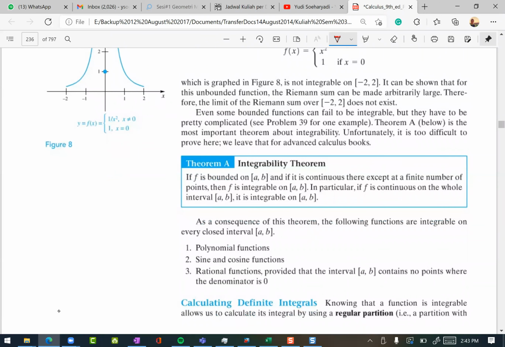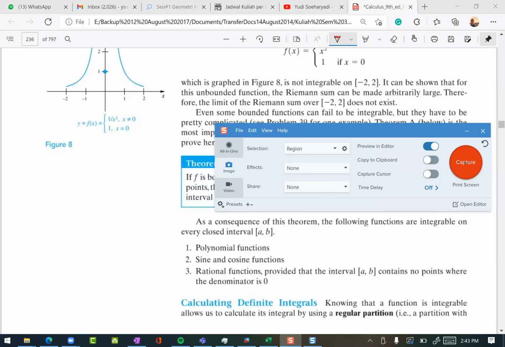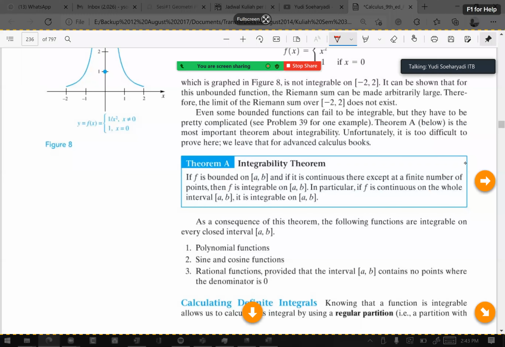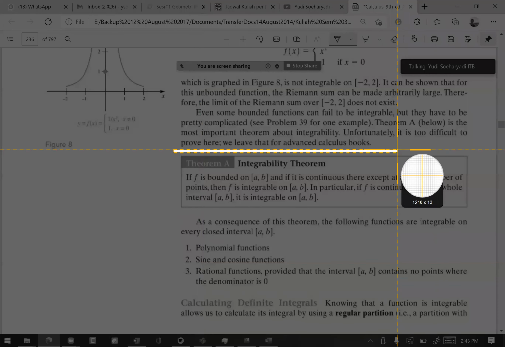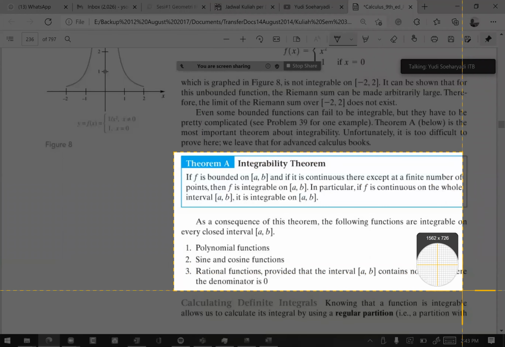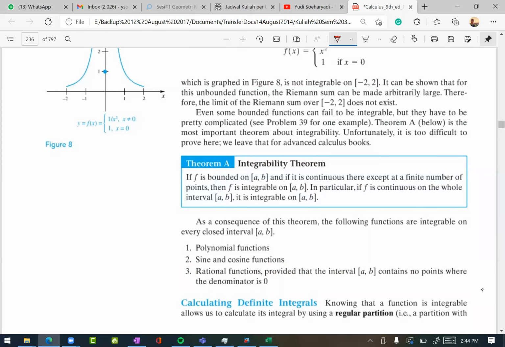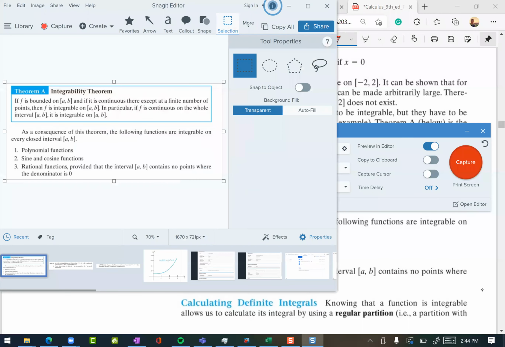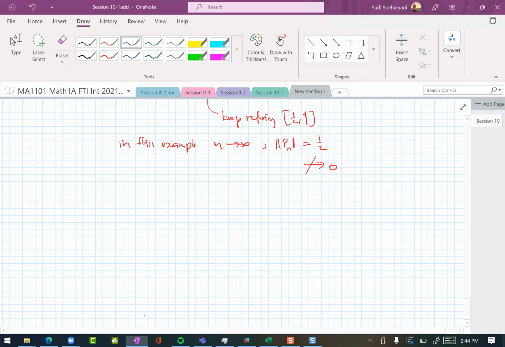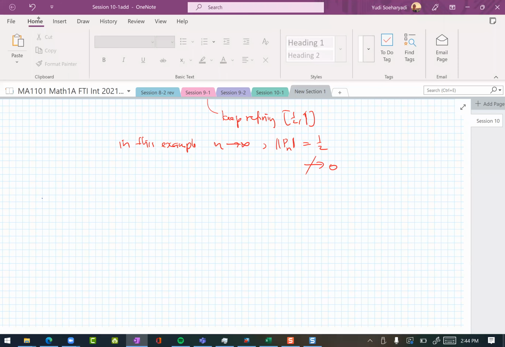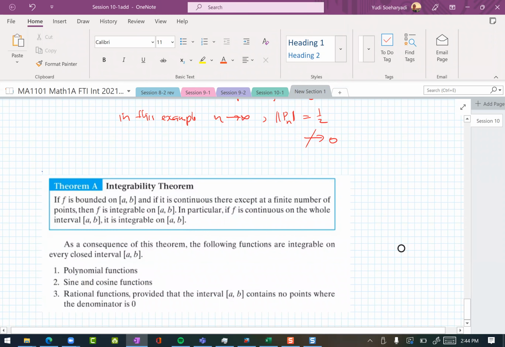Okay, so just pick this up. Let's write this down. Okay, so this is what are integrable.